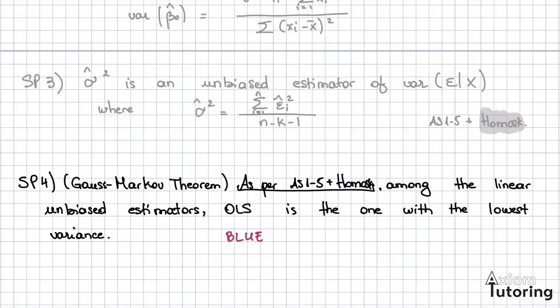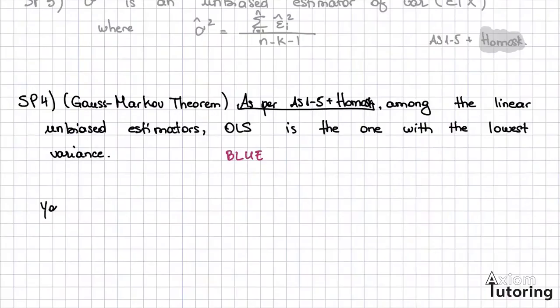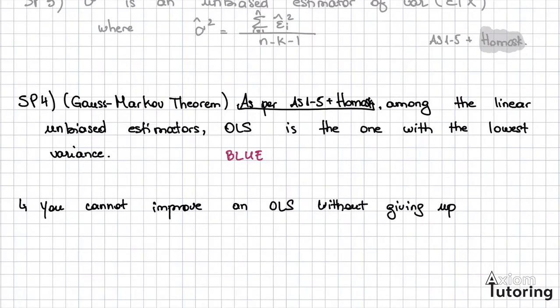Now, what the Gauss-Markov theorem gives us is a very important insight, and that is you cannot improve on OLS without giving up linearity or unbiasedness.